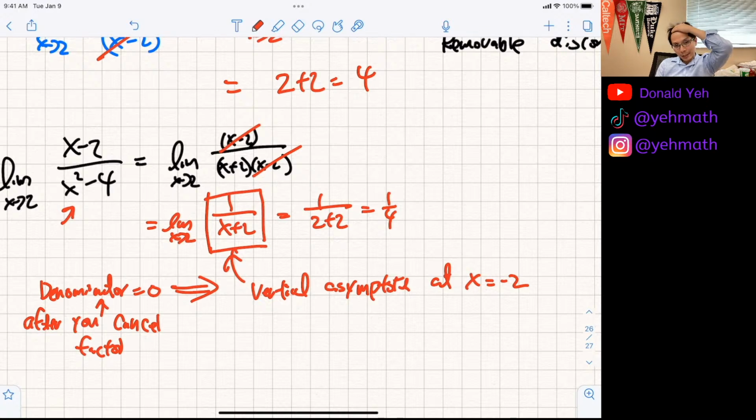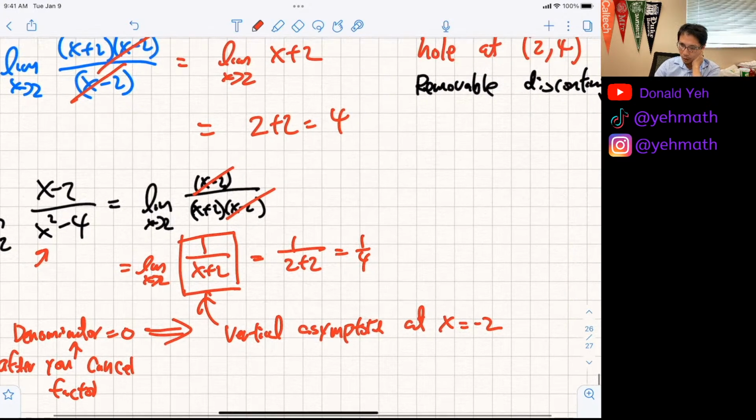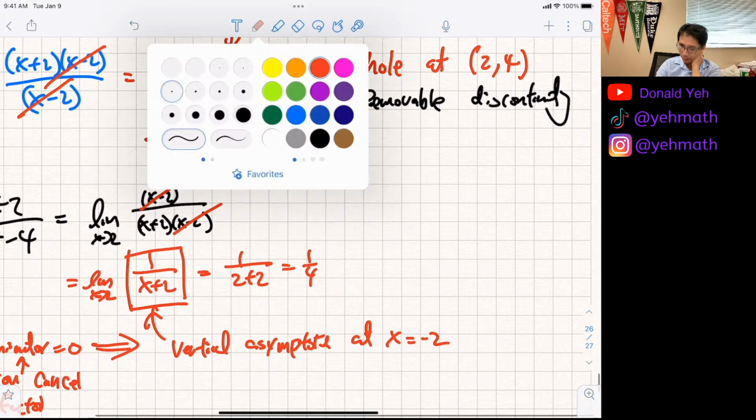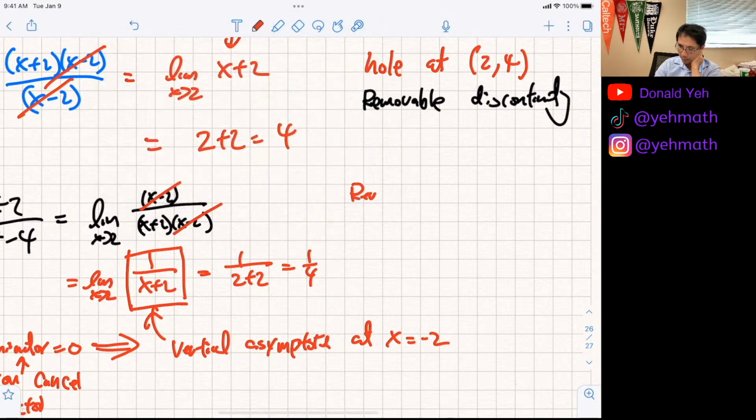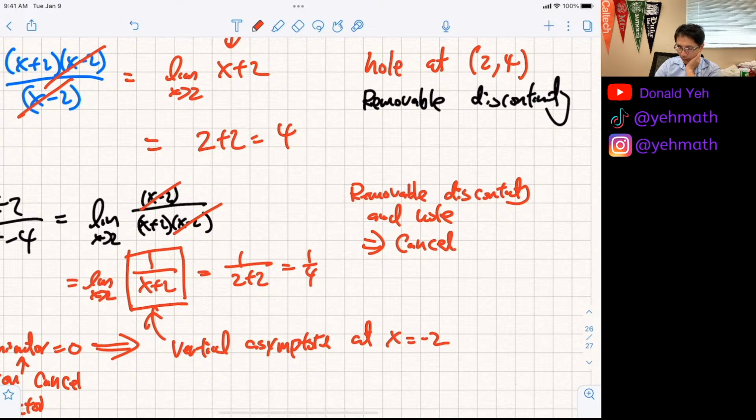Both are called discontinuities. One is called a removable discontinuity. Does the removable discontinuity still exist? Well, how do I find a removable discontinuity, also known as a hole? You use the canceled factor equal to 0.